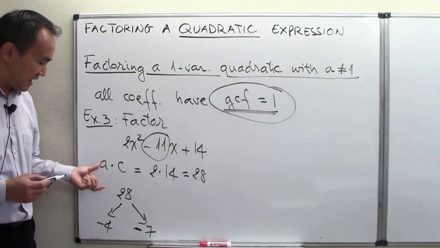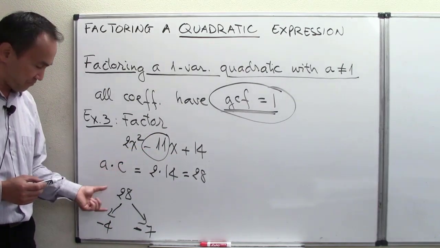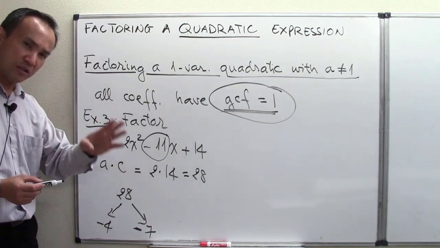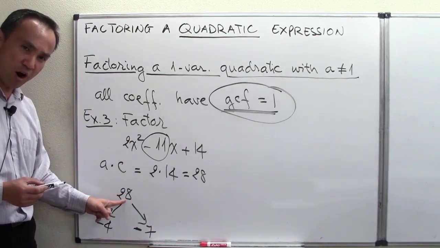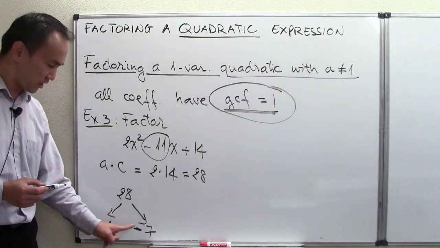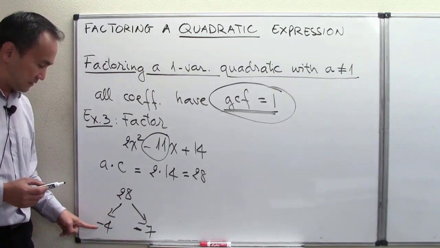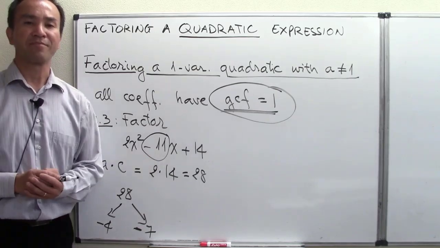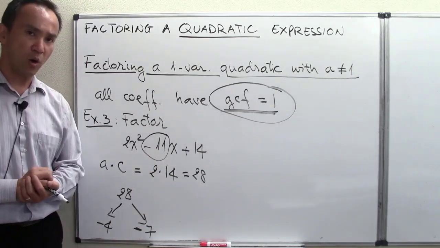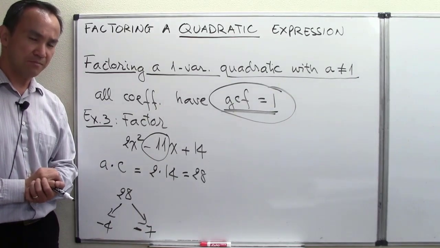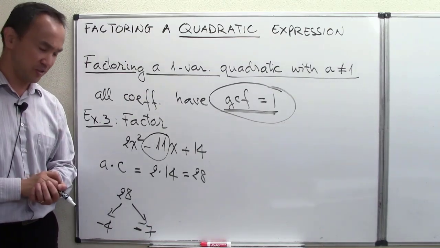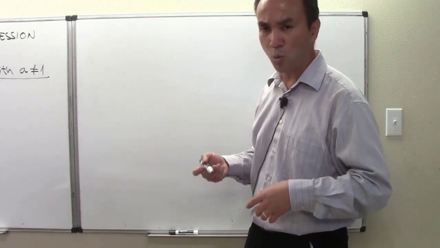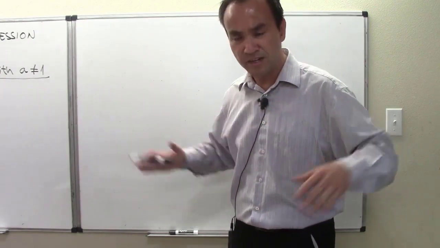So once again, after multiplying A and C to get 28 in this problem, or generally after multiplying A and C, we want to look for two factors of that product, including the signs, so that their sum adds up to the middle coefficient. You can always rewind the video to hear my instruction again. In case you are nervous about how I can calculate those so quickly, it's okay. I've done this for years.